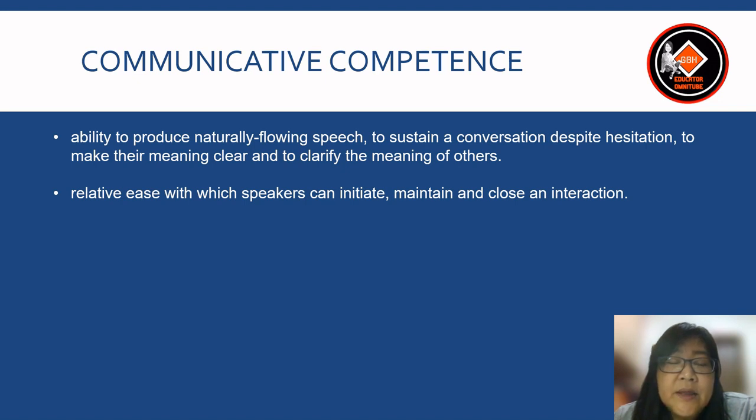Communicative competence is also about the relative ease with which a speaker can initiate, maintain, and close an interaction. So there must be turn taking between the two students or candidates, where you can start the conversation, elaborate, take turns, agree, disagree, give suggestions, and also make a decision and end your conversation.